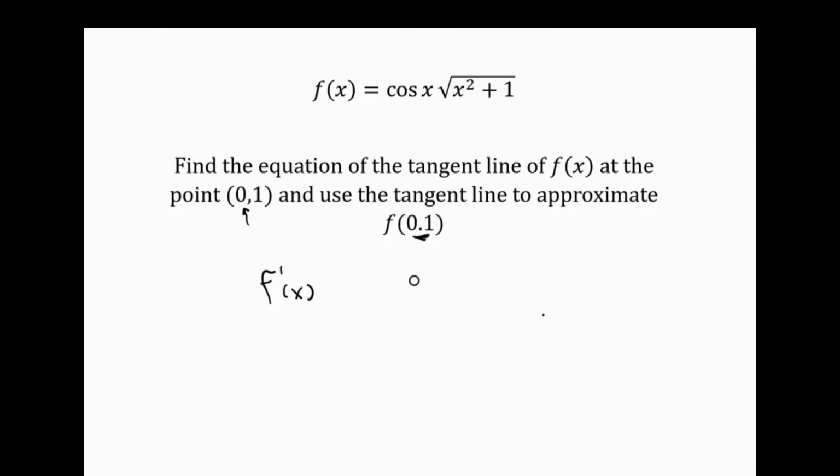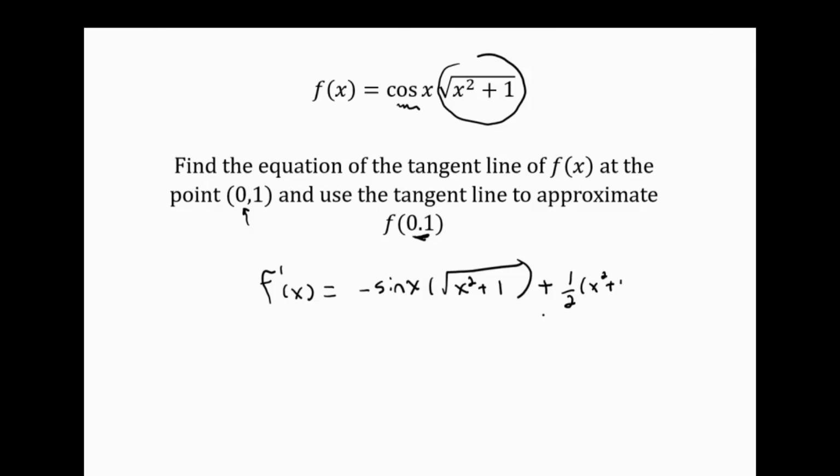And it looks like we have the product rule along with a chain rule here. All right, so the derivative of the first would be negative sine x times the square root of x squared plus 1, plus the derivative of this, which would be 1/2 x squared plus 1 to the negative 1/2 power times 2x, and then we can't forget we also have to multiply by cosine x.